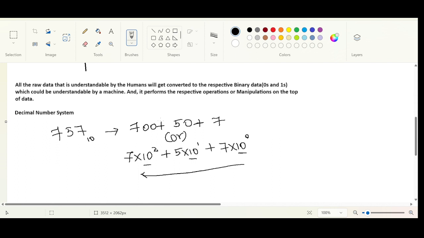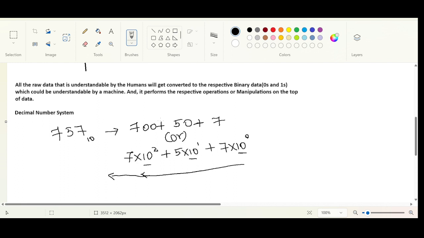How is it increasing? It is increasing in the order of 10 to the power of 0, 1, 2, and it goes on. If we have a 4-digit number, it is going to be 10 to the power of 3, and it keeps going like that. So the conclusion is very simple.